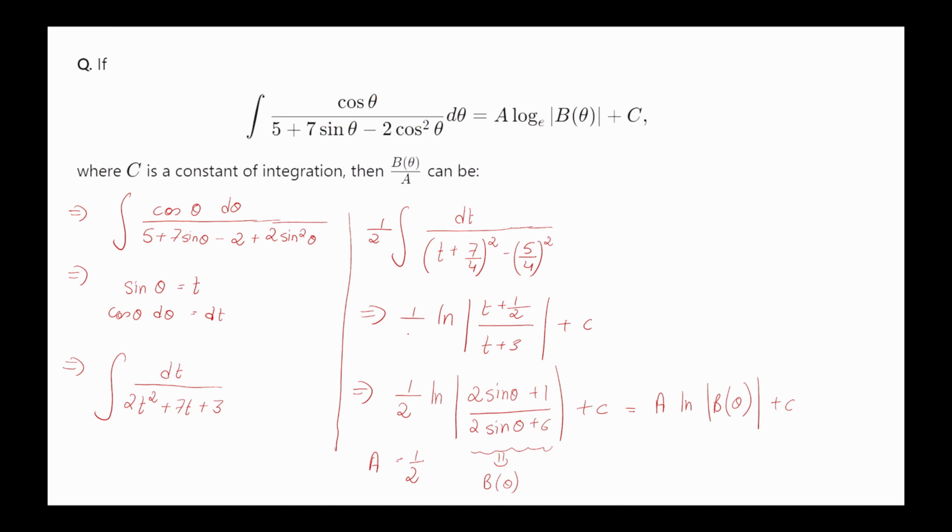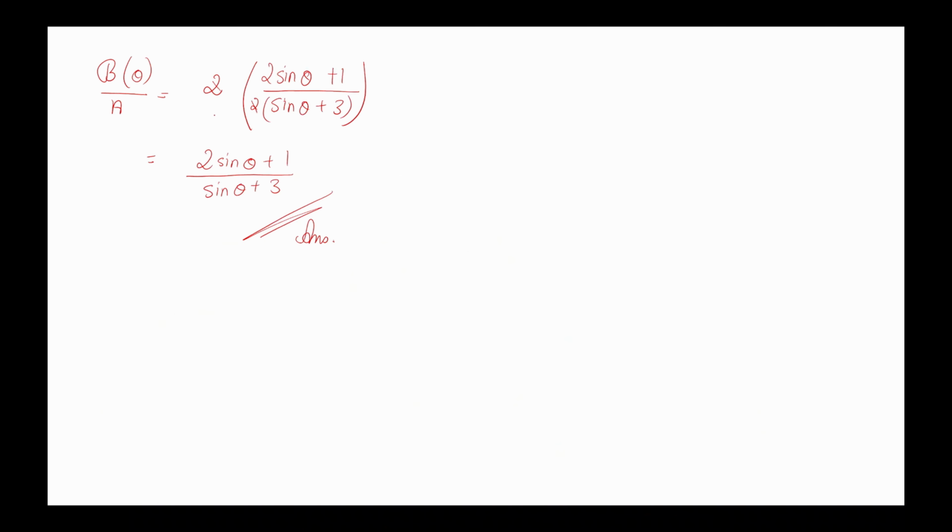Sorry. Upon integration, we would get a 1 by 5 here. So basically, after integration, this 1 by 2 would be cancelled out from each other, and then we would have a 1 by 5 common left out. So this would become 1 by 5 here as well. And here also, I would have a 5 here. This would remain 2 as it is.